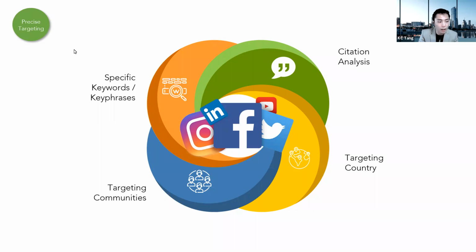That gives you an indicator that okay, that particular country is interested in my content, so I will target my ads to a few countries, like 3 to 5 countries, whether it's Brazil, Spain, or India. You could shortlist those countries and run those ads in those countries to see the response.